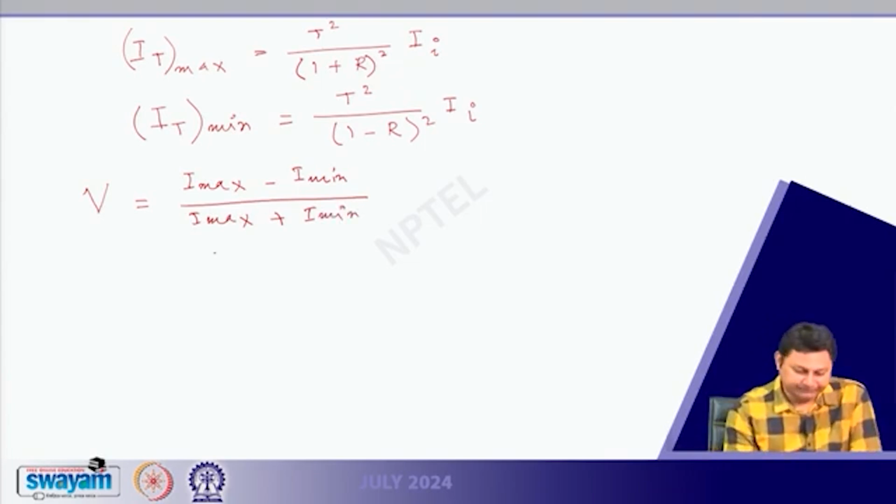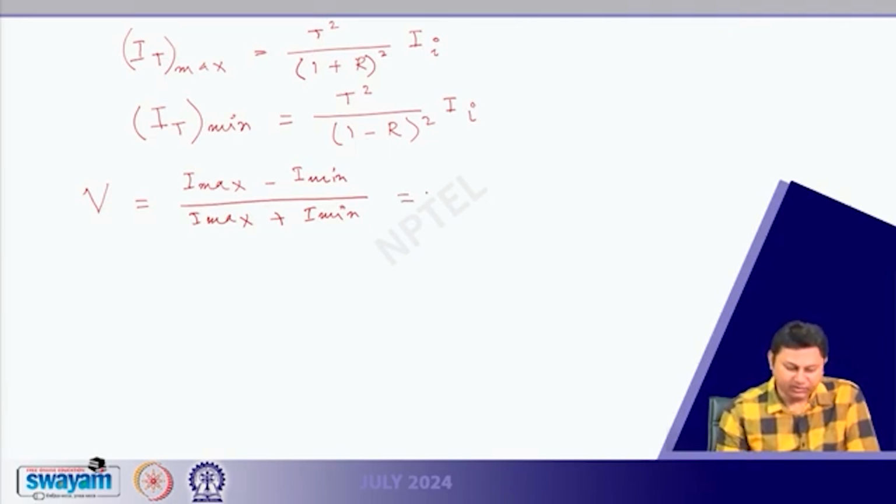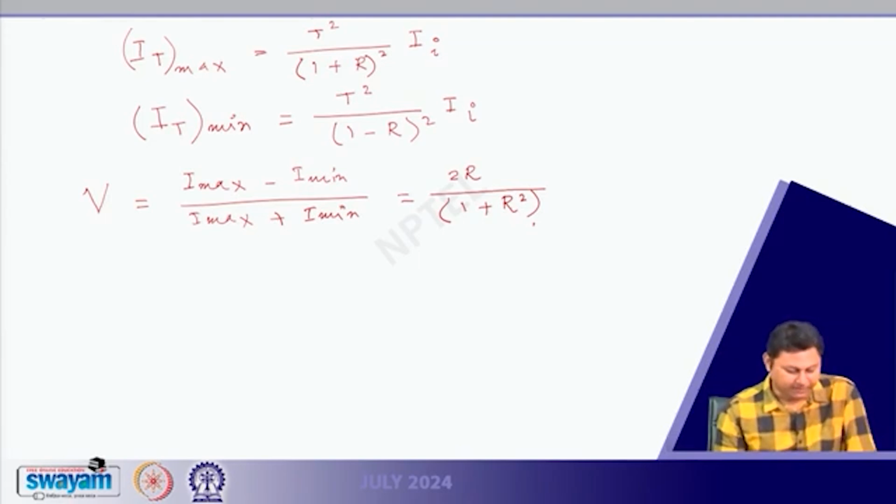In this case, if I put all this together, what we get is simply 2R divided by 1 plus R square. I suggest the students please check it by yourself. Just put these two values and find whether you are going to get this or not.